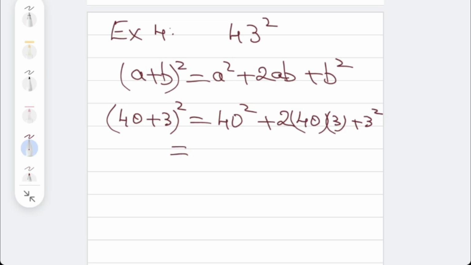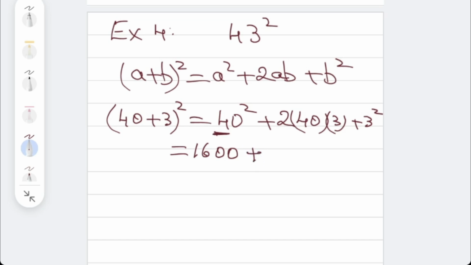So 40 square is 16 and then 2 zeros. This is how we do a square. When you have a lot of zeros in the number, we just find the square of 4 and then add 2 zeros next to it.